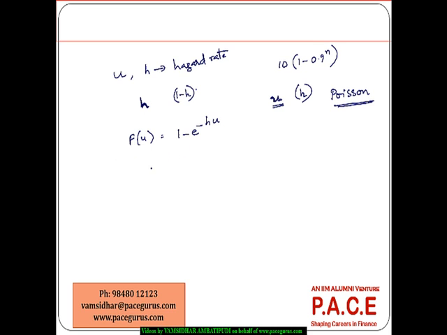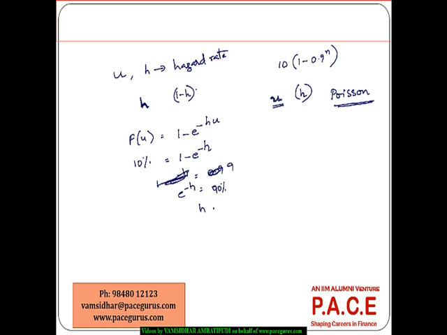So if I have to map it, by taking 10% as 1 minus e to the power of minus h, based on this I can say 1 minus e to the power of minus h is 10%, so e to the power of minus h is 0.9 or 90%.